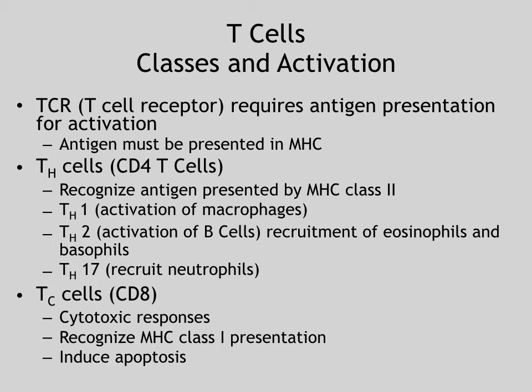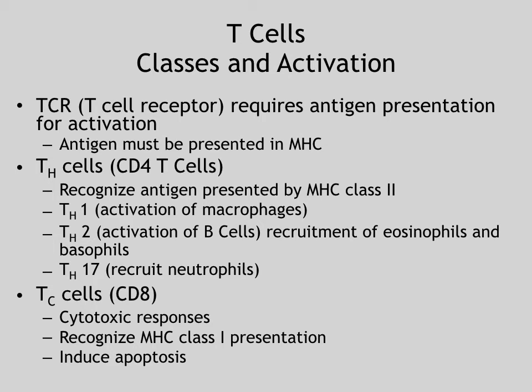Cytotoxic T cells are also very important in rejection reactions. So in rejection reactions, we have a lot of that cytotoxic response. Somebody gets a liver transplant. Well, it's not their liver. So the problem isn't that antigen is being presented. The problem is really that the MHC class I on those liver cells does not resemble the MHC class I on the rest of the host cells.